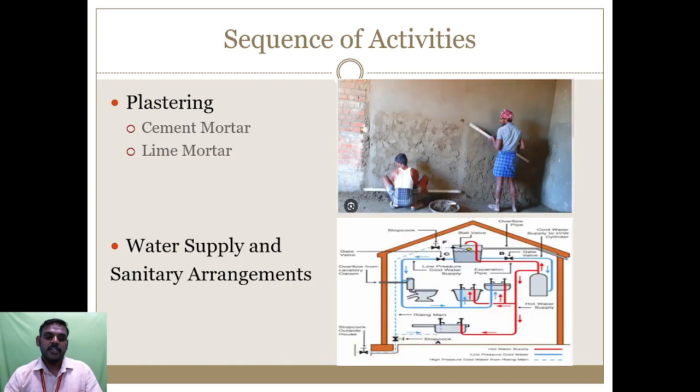Okay, for plastering, cement mortar and lime mortar are used. Cement mortar is used in different thicknesses. If it is inside the rooms, we use 12 mm thickness. If it is on the outside of the walls, 20 mm thickness is used. Water supply and sanitary: both pumping and gravitational force are used. The pumping system is used to lift the water from the ground level to the top tank.